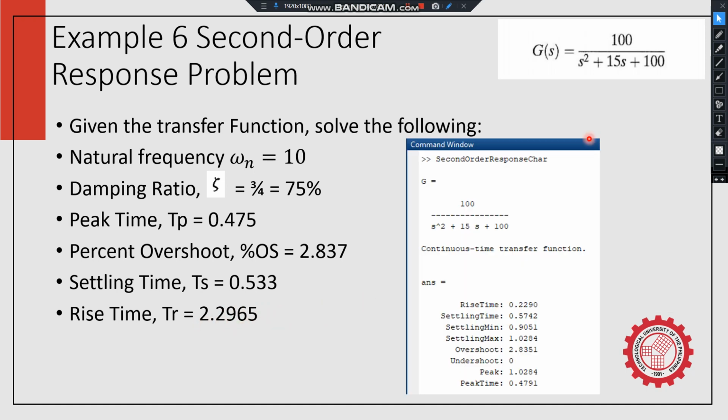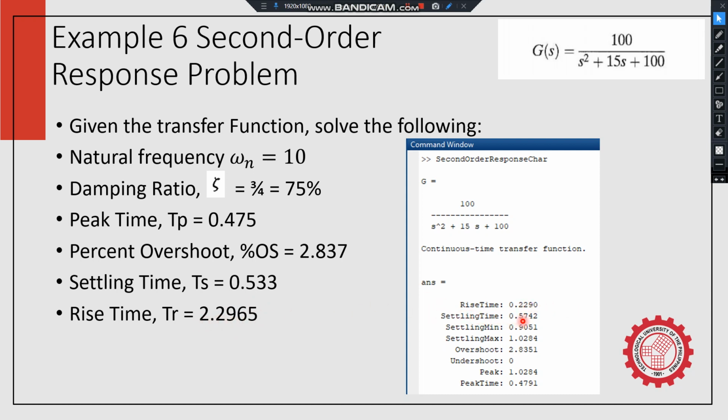Now, if we put this transfer function in MATLAB, it will give us this response characteristic. So let's compare. The rise time is 2.2965. Again, this is normalized, so if you divide it by 10, they will be close enough.